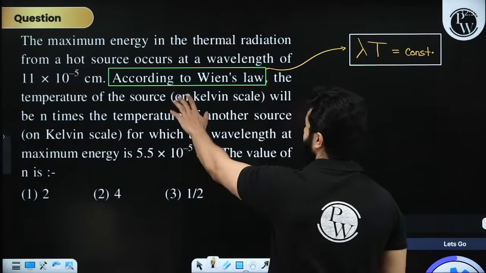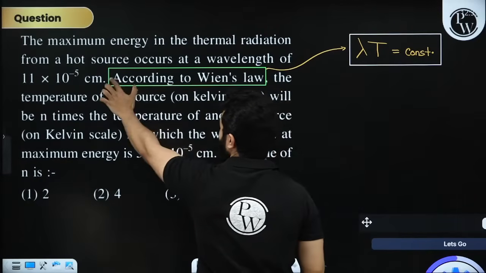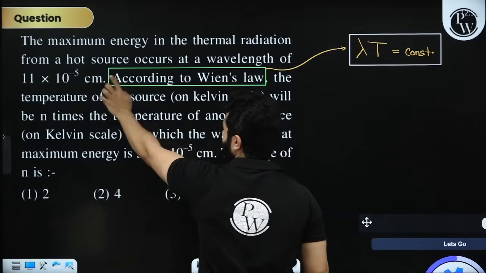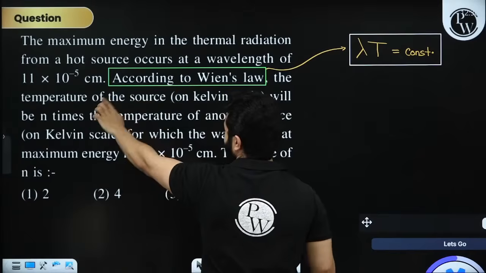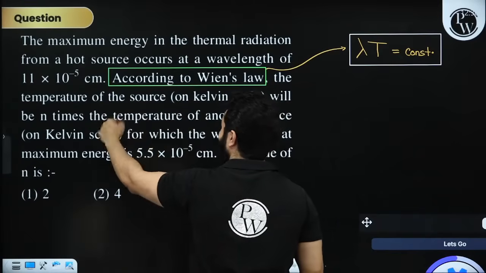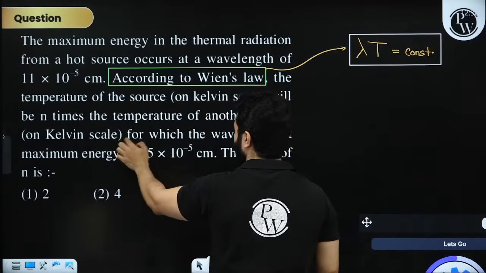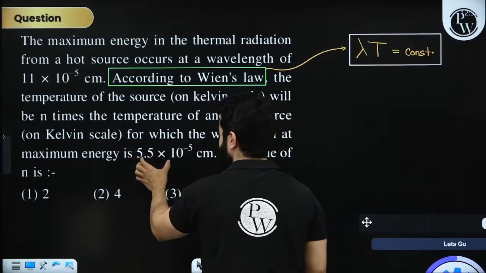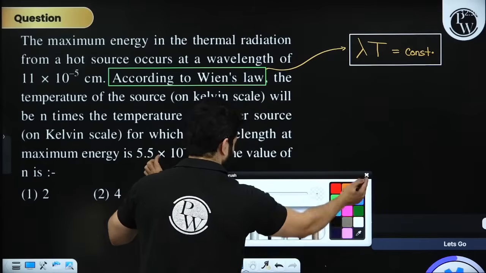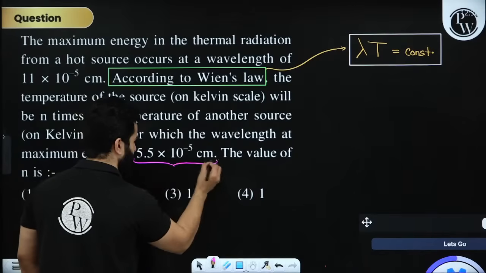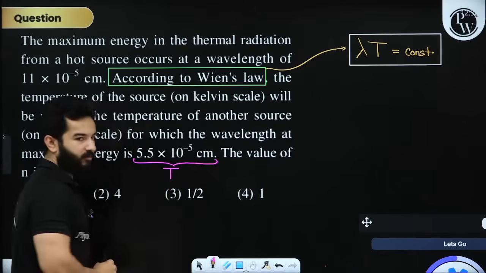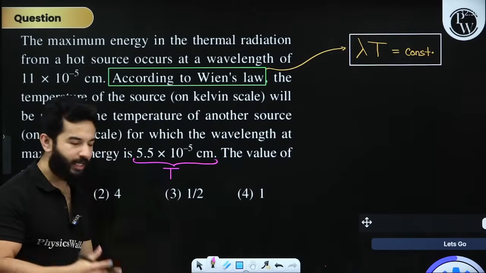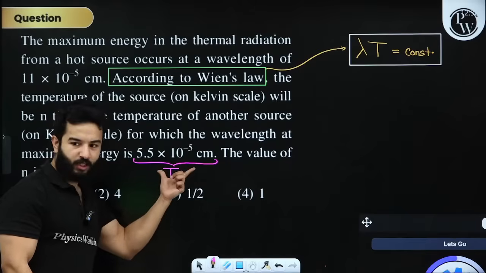So now they are saying the maximum energy in the thermal radiation of a hot source occurs at a wavelength of this. So this is lambda. The temperature of the source will be n times the temperature of another source for which the wavelength at maximum energy is this. So let's suppose the temperature for this wavelength is T.